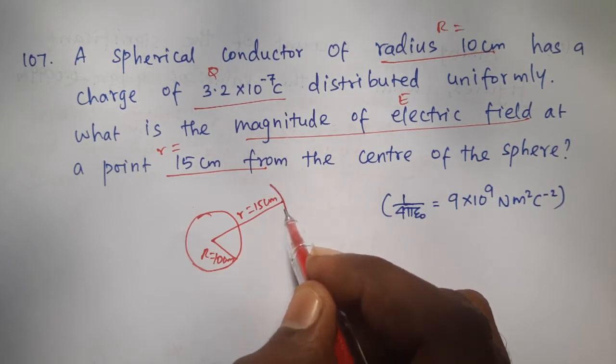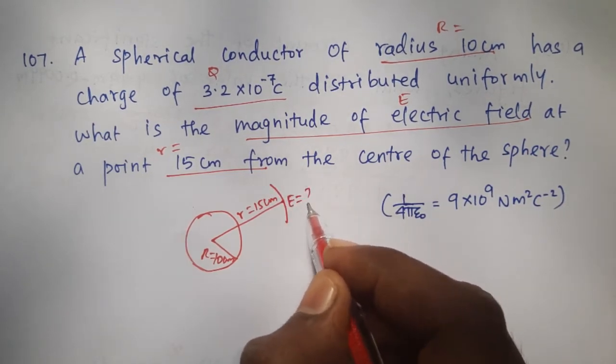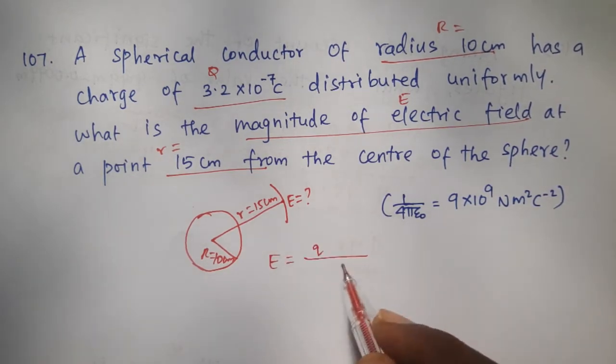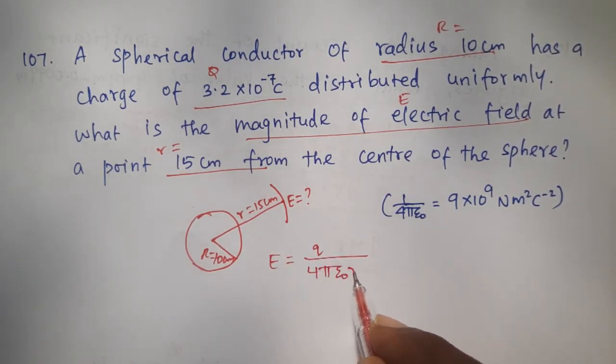The radius R is equal to 10 centimeter. From the center of the sphere, small letter r is 15 centimeter. So in this place we are going to find the electric field E. The electric field formula: E is equal to Q by 4 pi epsilon naught r square.